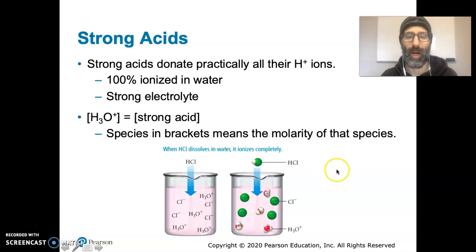What you can see here in the picture is that you have HCl, and all of the HCl is broken up. You don't have any HCl together, and all the hydrogen is picked up by water to give you the hydronium ion. Here's another picture representing what's going on.